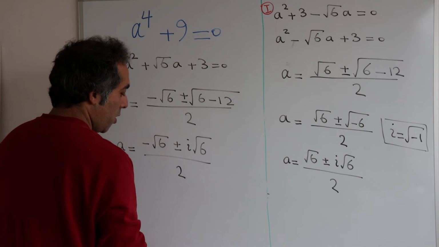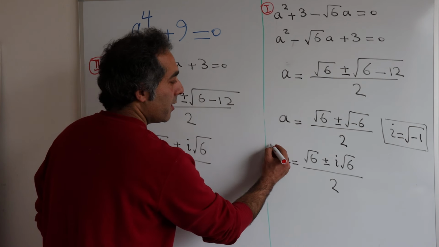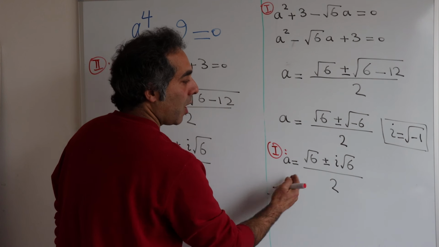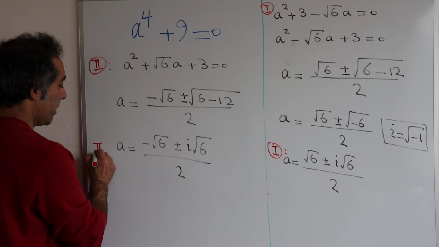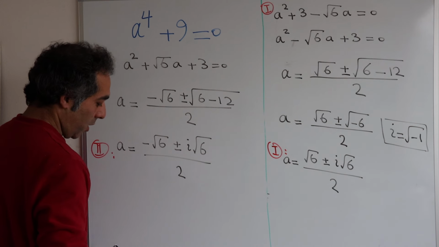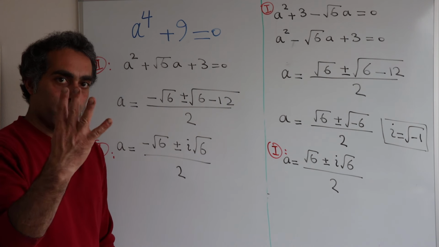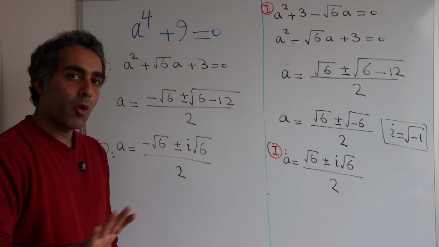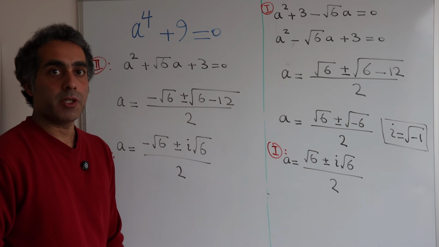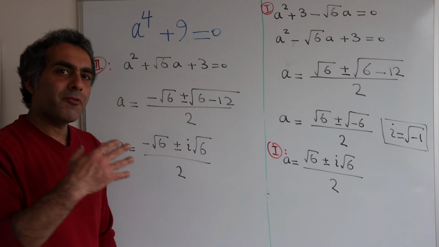Okay, now from the first pair we have two answers here, and from the second term we have two answers here, and you can see we have 4 roots, and all 4 roots are imaginary. It's very simple.